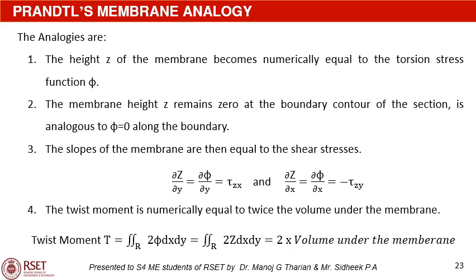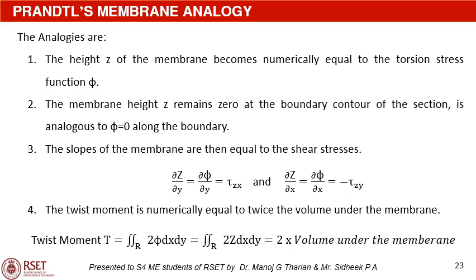And the third analogy is the slope of the membrane is equal to the shear stresses tau Zx and tau Zy. That is, del Z by del Y equal to del phi by del Y, which is equal to tau Zx, and del Z by del X is equal to del phi by del X, which is equal to minus tau Zy. Finally, the twist moment is numerically equal to twice the volume under the membrane.